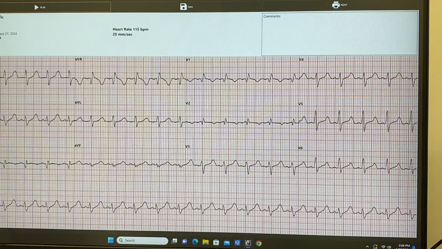Right here. No, that's a P. That's a T. So there are 3 positive inflections: your P, your R, and your T. And they always go in that order unless there is a problem.